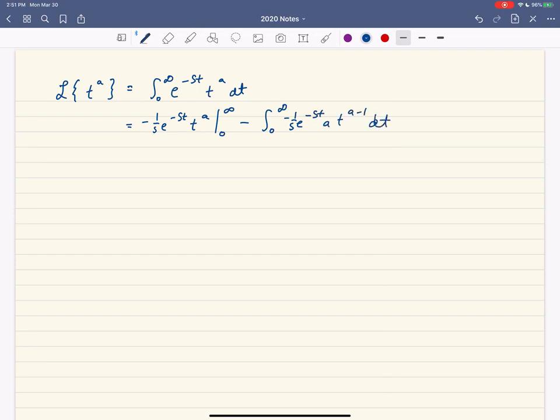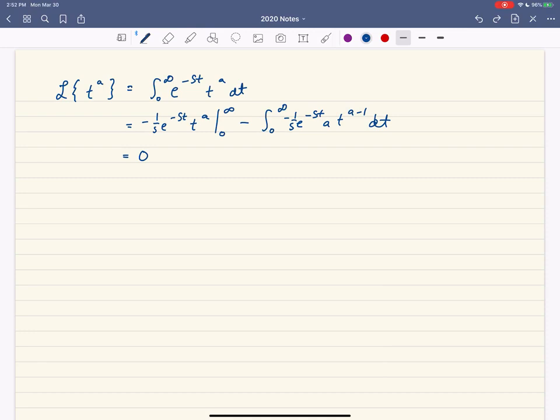Okay, and let's see how this is going to work. As t goes to infinity, this is going to be 0. And as t goes to 0, we need to be a little bit careful here, but as t goes to 0, that e to the negative st is going to be a constant, and so t to the a is going to be 0, unless a itself is 0.